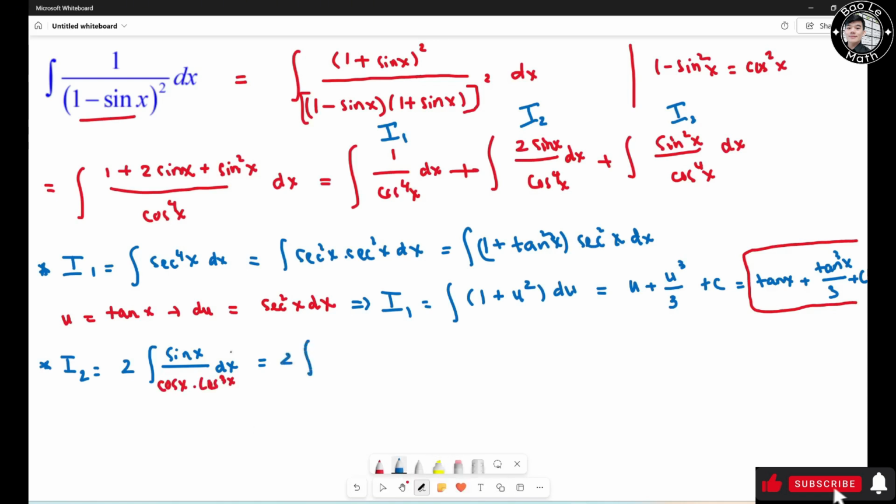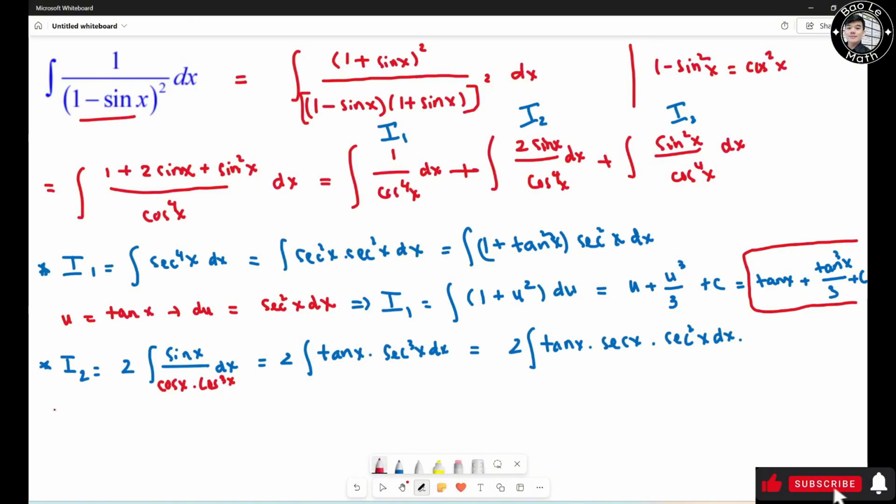So the sine s over cosine s becomes tangent s. Now 1 over cosine cubed of s could be secant cubed s ds. This is the same thing as 2 times the integral of tangent s times secant s times secant square of s ds.